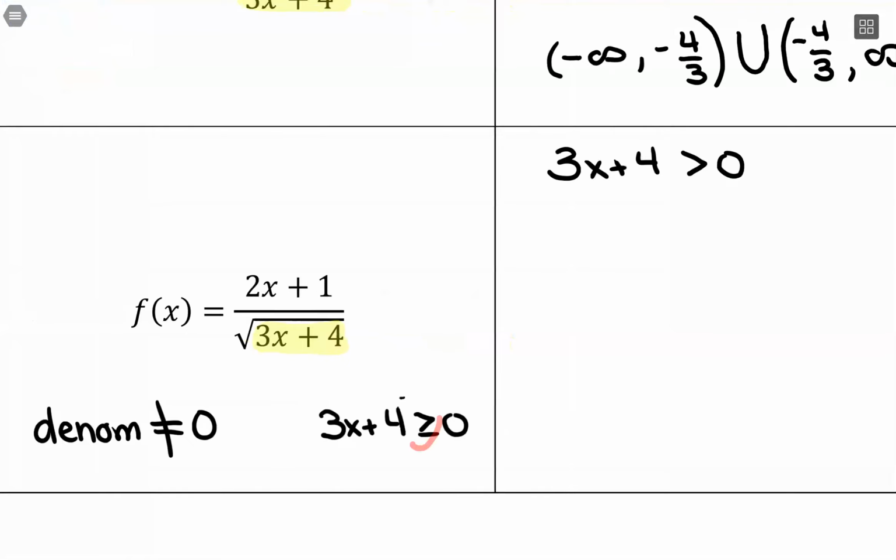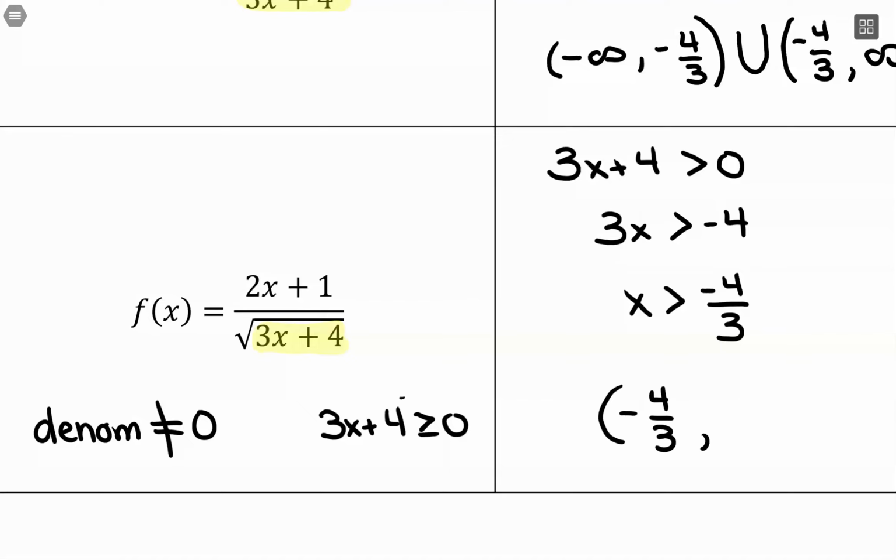We lose the more than or equal to because it's not allowed to equal 0. So you can either solve separately, or this would combine it into one big calculation. So I'd subtract 4 from both sides, divide by 3. So I'm seeing x has to be more than negative 4/3. It also can't equal negative 4/3. So I'm going to start at negative 4/3 and go off to positive infinity.